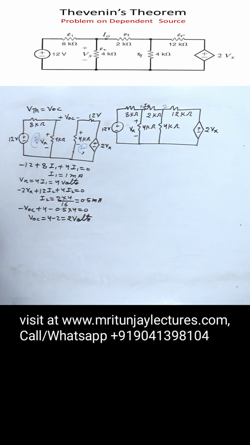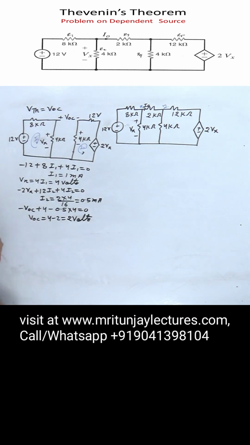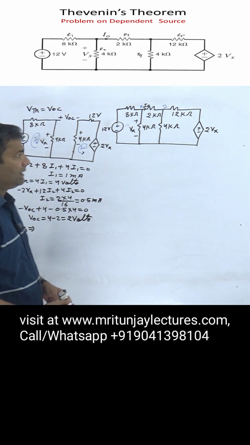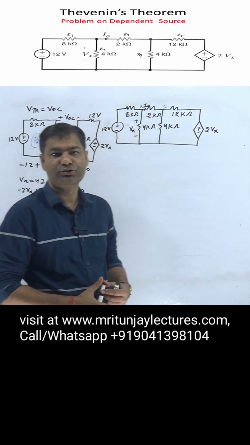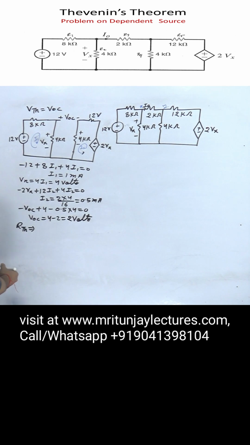Okay. Now our next target is to determine RTH. So how can we determine RTH? I know that all independent sources are reduced to 0. This one is an independent source, that's why it is reduced to 0.